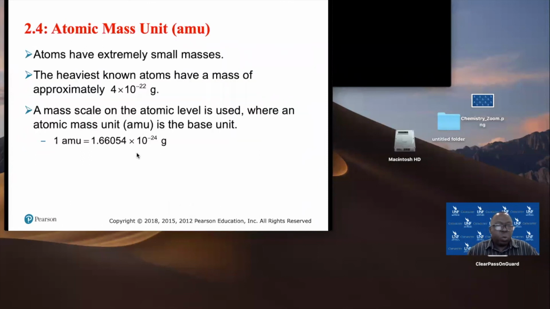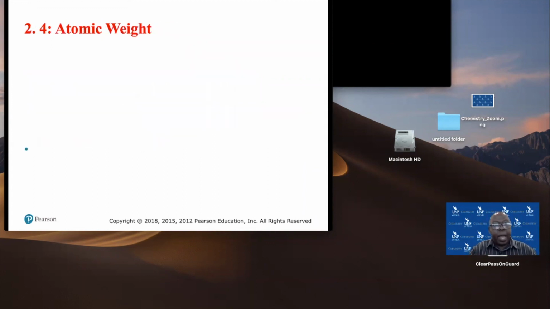I'm not going to ask you, but just in case you see it in an end of chapter problem, maybe it will pop out. In MyLab and Mastering, you can use this conversion factor, of course, dimensional analysis, from AMU to grams.